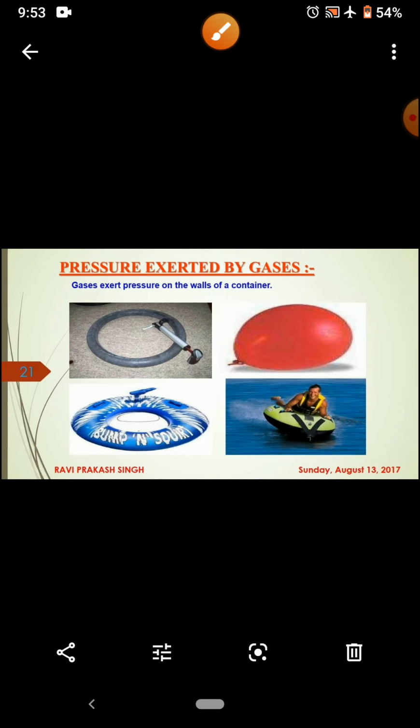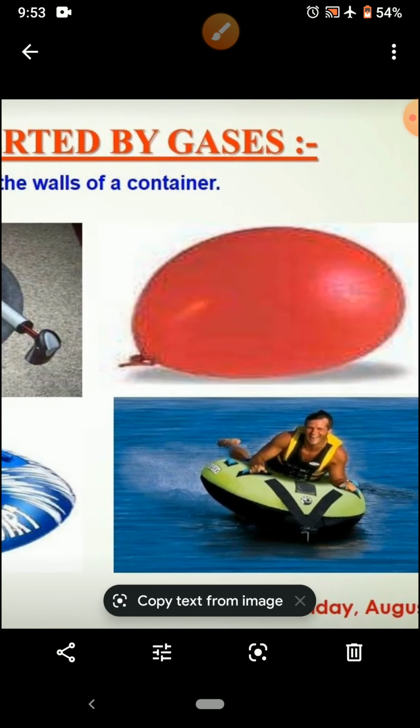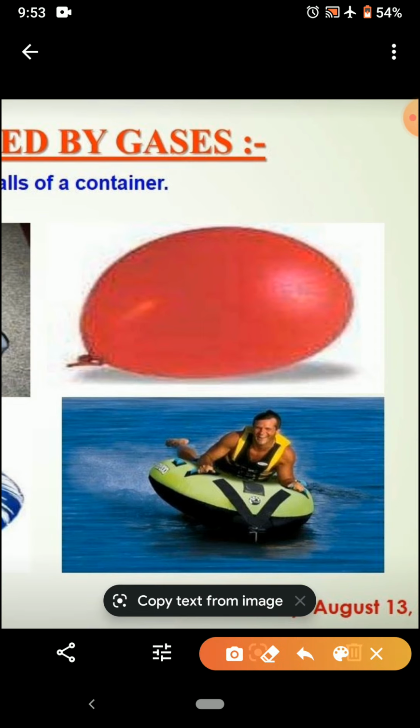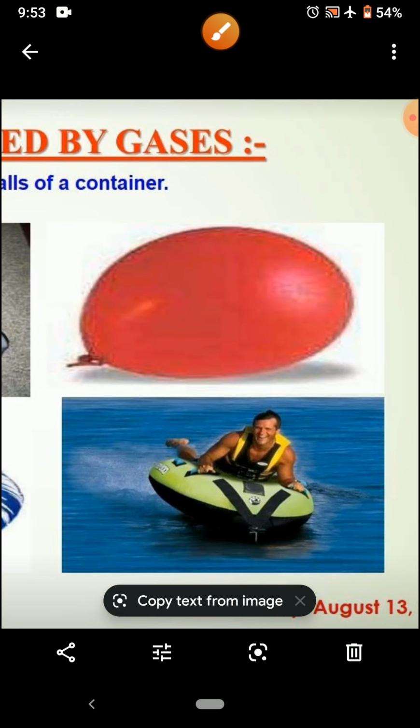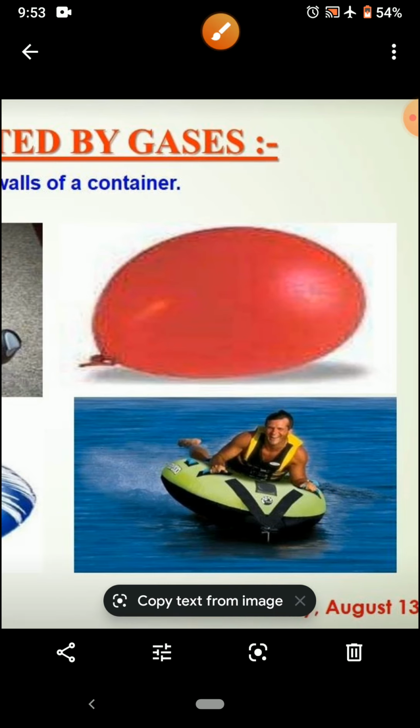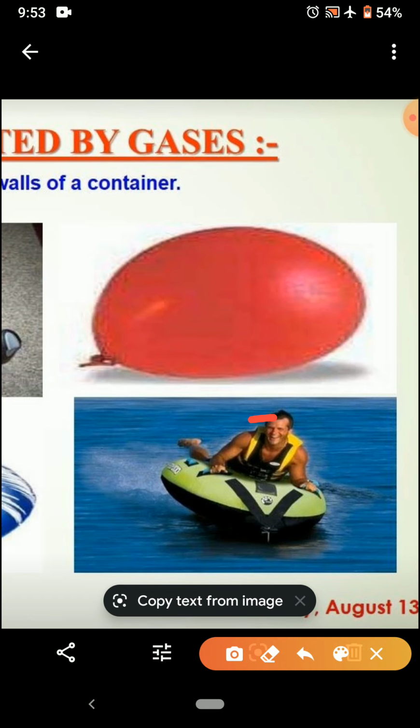We can take another example from this. This is a boat that is inflated with air. When it is inflated with air, it assumes the size of a boat.